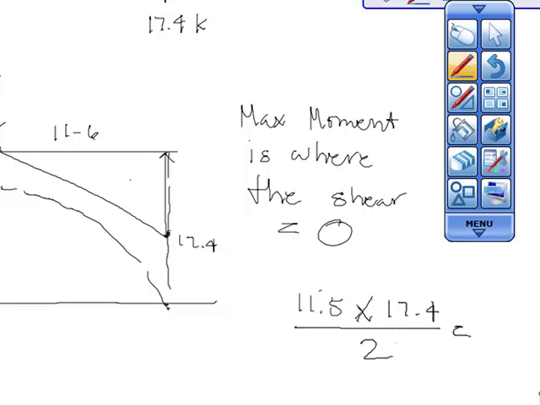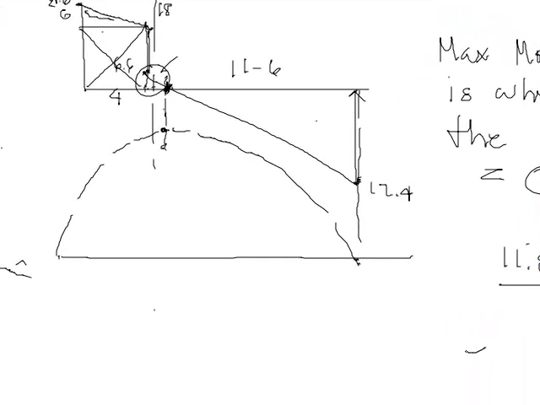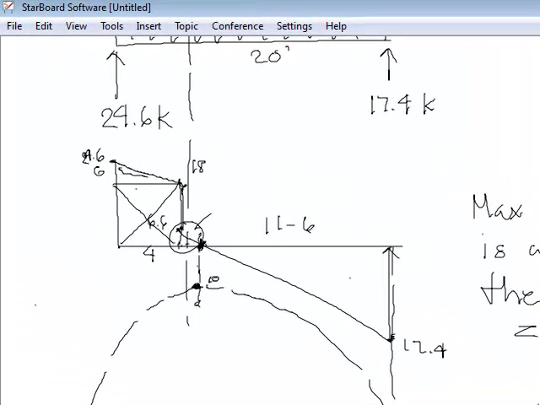What does that equal? 11.5 times 17.4 divided by 2 is 100.05. So that's going to be our maximum moment. It's going to be at 100, rounded down. So now we've solved for the shear and the moment.